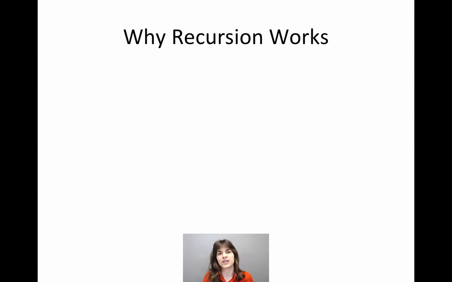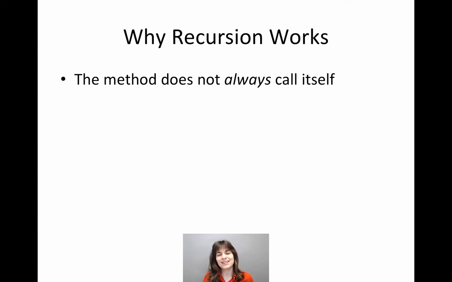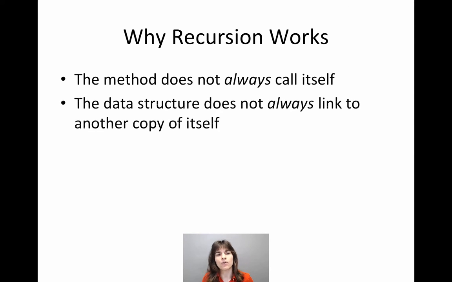How does nonrecurring work? The key lies in a detail that we didn't mention before, and this is the fact that the method does not always call itself, or the data structure does not always link to another copy of itself. So the self-reference does not always happen. It is part of the definition, but it does not always happen.